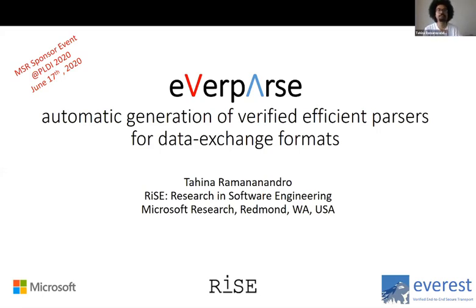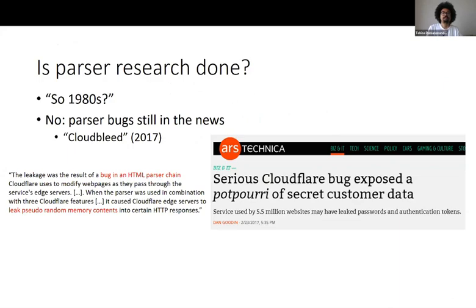And now I am taking over for Everparse, which is a very automatic generator for verified efficient parsers for data exchange formats. Many people claim that parser research is done and so 1980s, but such infamous bugs as Cloudbleed are actually parsing bugs, in the sense that a buggy parser can lead to leaks of secret and sensitive data.